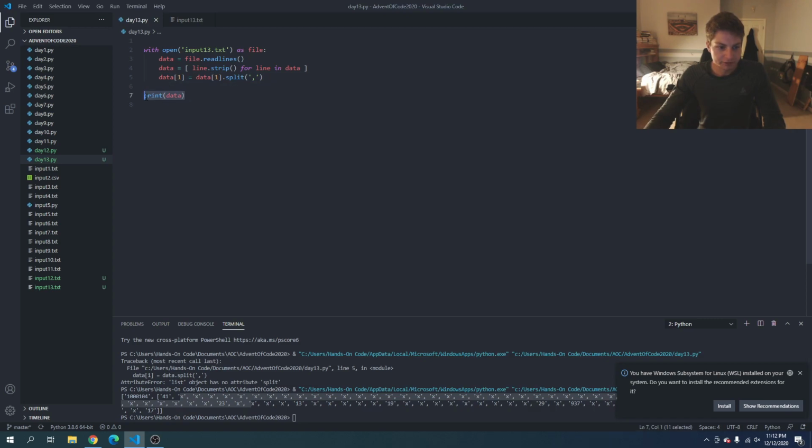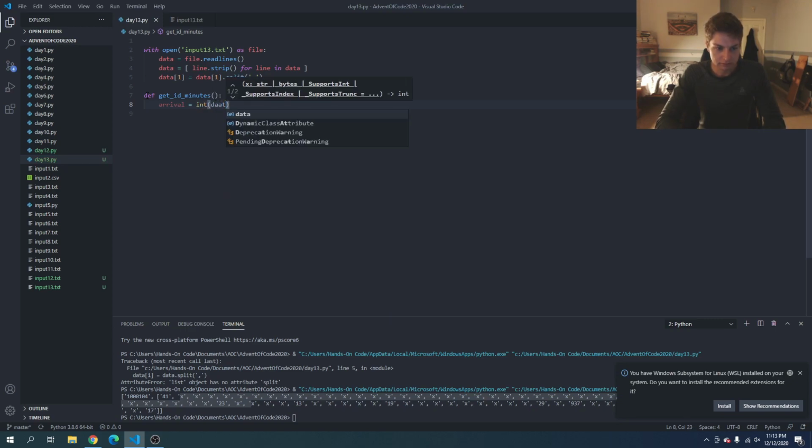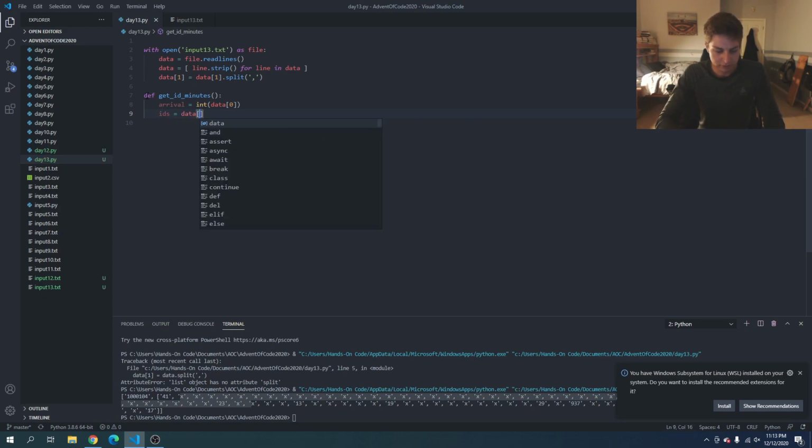All right, let's go ahead and write our first function. So let's def get ID and minutes, because why not? And we'll start off by saying our arrival time is going to be equal to int data 0, and then the bus IDs will be equal to data 1.